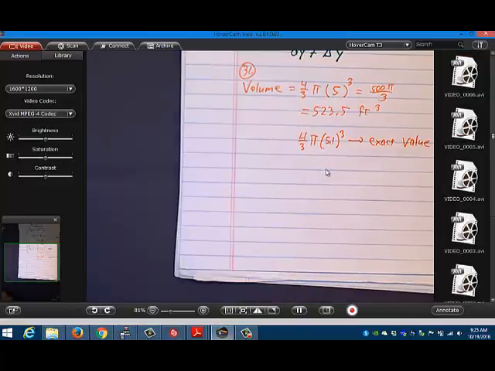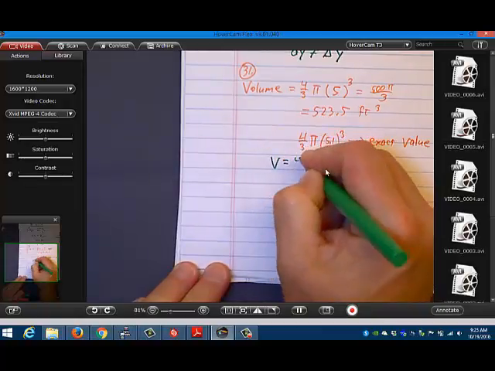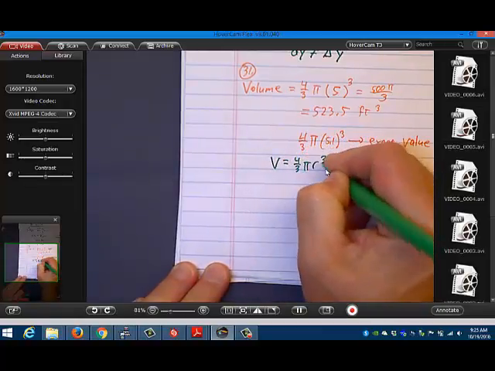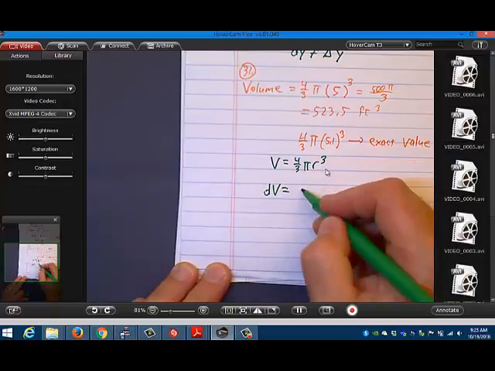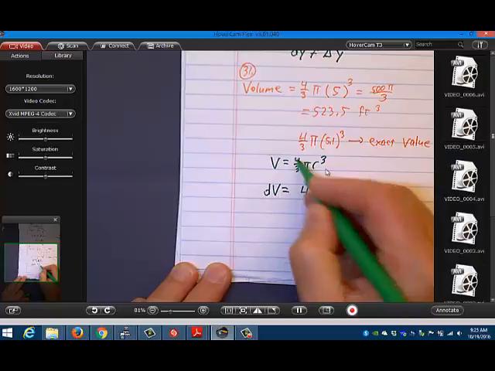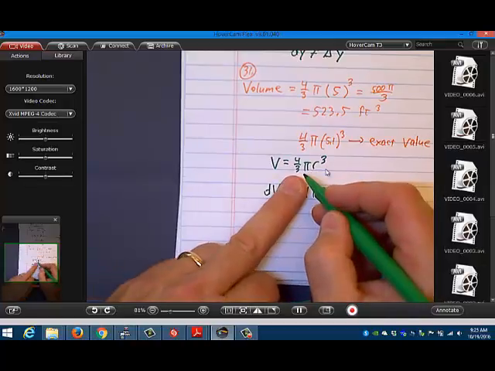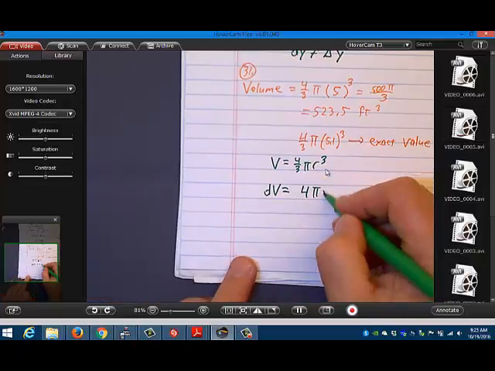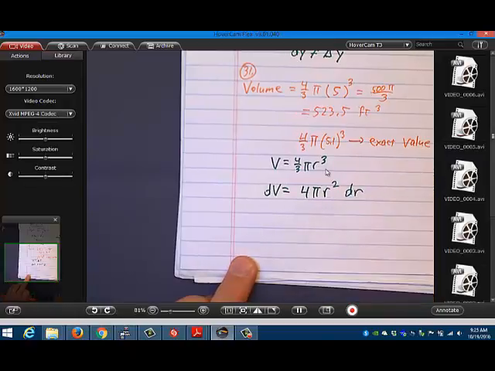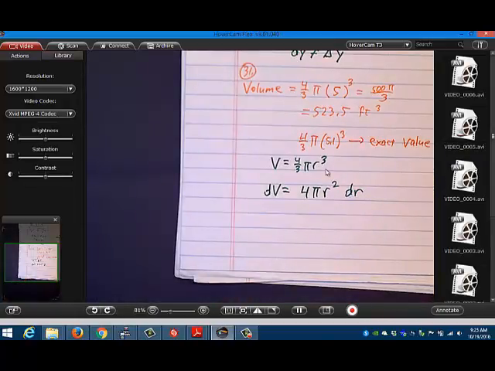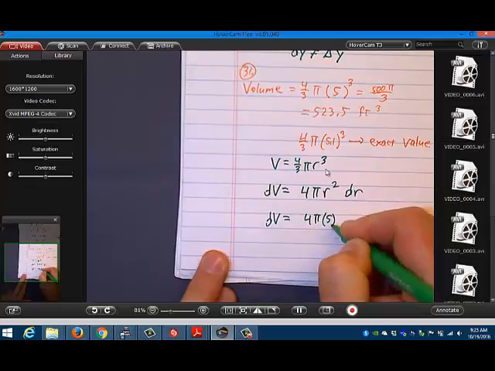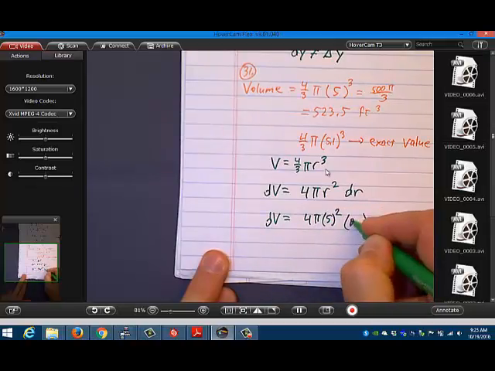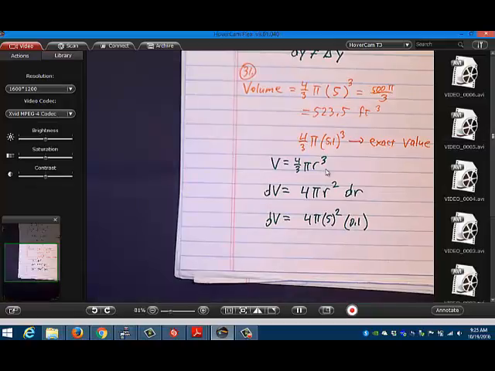I could say, look, V is 4/3 pi r cubed. dV is, if I take the derivative, 4 pi is a constant. The reason I got rid of that 3 was because bing, I brought the 3 down. It's 4 pi r squared dr. And so the change in volume is equal to 4 pi 5 squared times 0.1, because that's how much the radius changed.